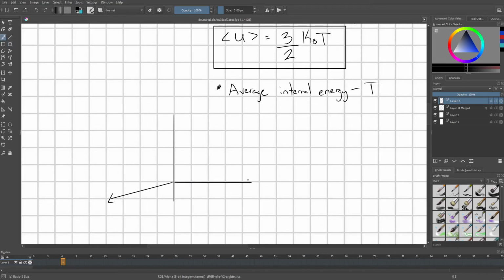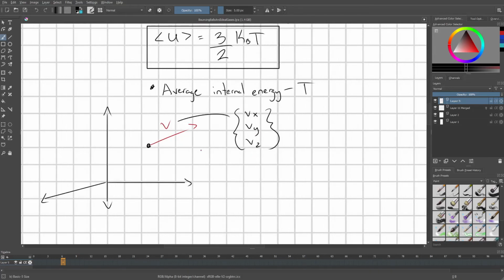Well, if I have 3 axes, if I have a gas particle, right, and it's moving some direction, v, I know that at the end of the day, I can break v up into a Vx component, a Vy component, and a Vz component because I'm moving in 3 directions. So the degrees of freedom for this system would be equal to 3.